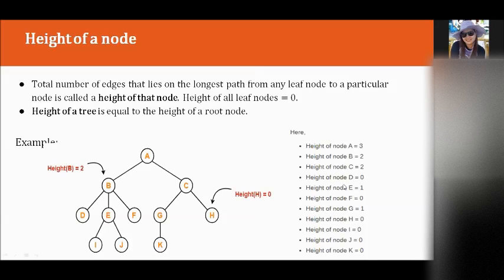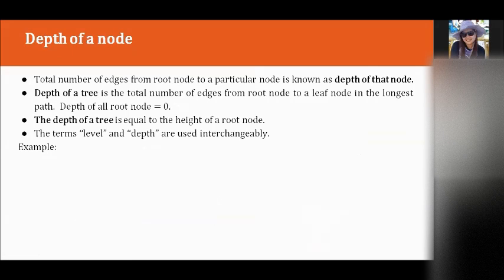So that means the height of node D is equal to 0, as well as node I, G, K, and H. What about the node G? What is the height? The height of node G is 1. Kasi 0, 1. Okay?